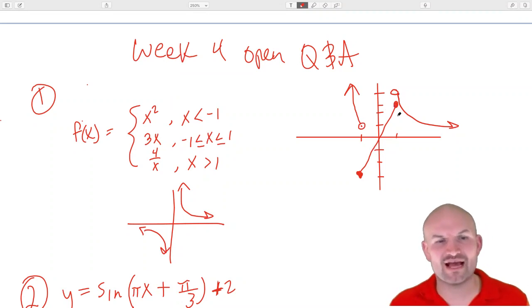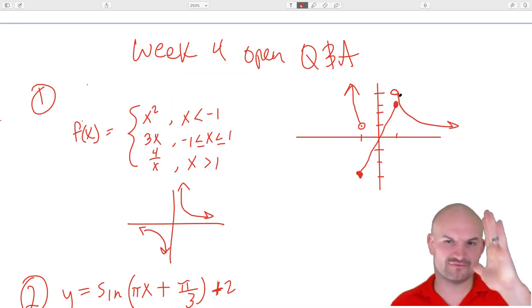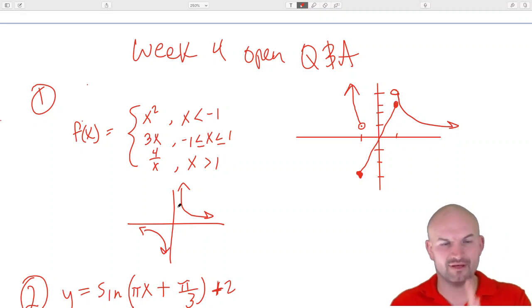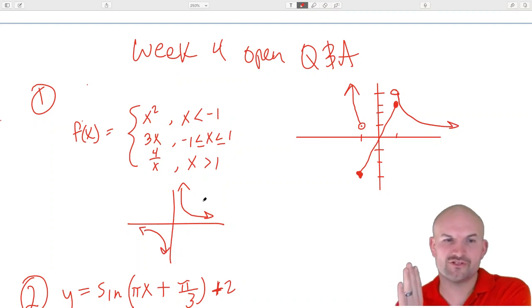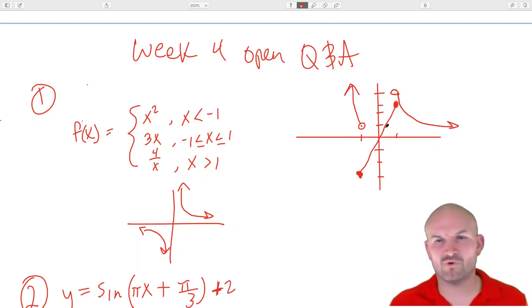But you can see how that graph is going to keep the same shape, but everything larger than 1 is going to be over there to the right. Because at 1 it would be 4, and then it would go to the right. So there you go. Hopefully that helps. The best advice I can give for piecewise functions is to graph each function separately.